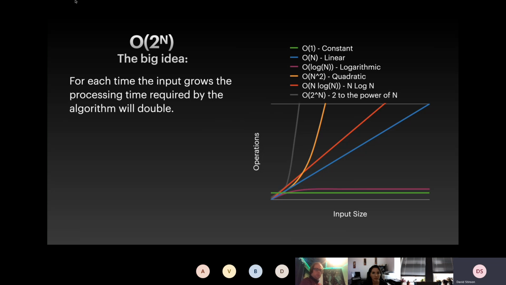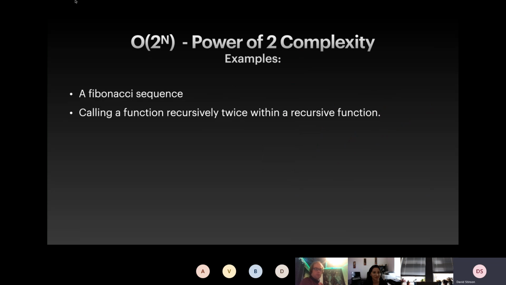Except for n factorial, this is the worst performing algorithm type. We can see this whenever we do a Fibonacci sequence, or when we call a function recursively twice within a recursive function.